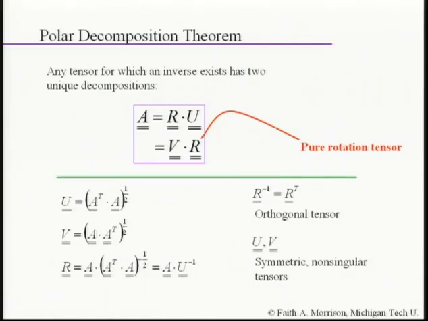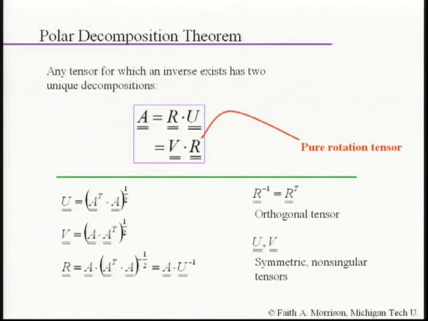Okay, so these are very particular tensors. U is the square root of A transpose A. R is this combination, A dot the inverse of the square root of A transpose A. And then V is another portion of a decomposition, A transpose, so you see they're in different order. And R again, the same R.